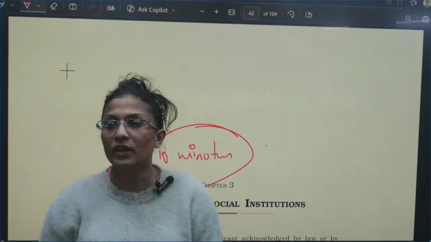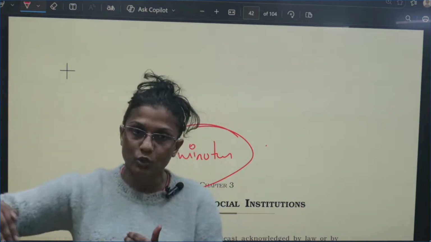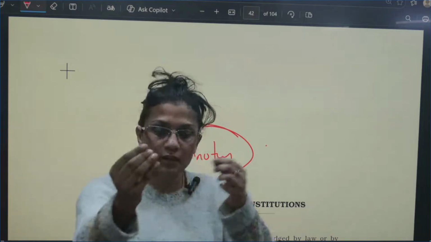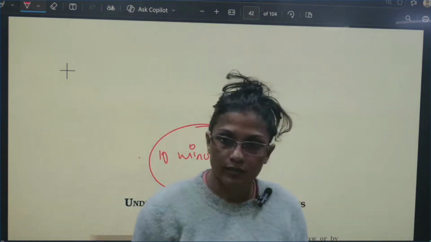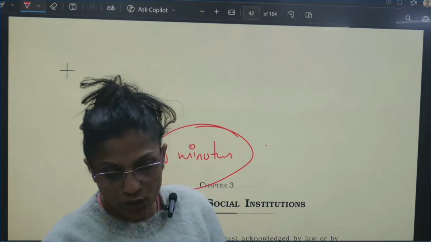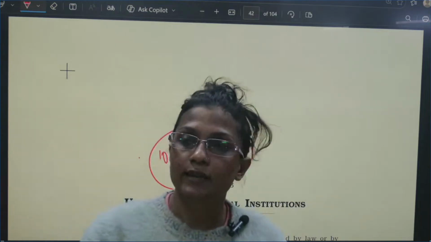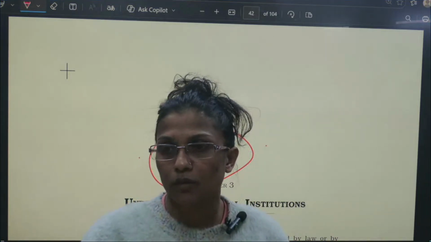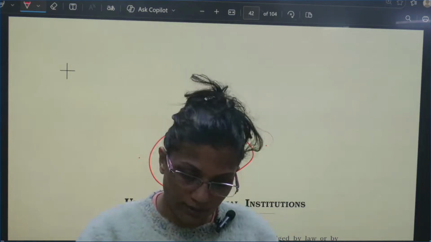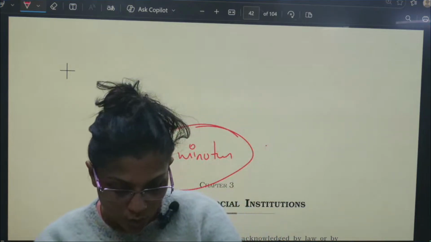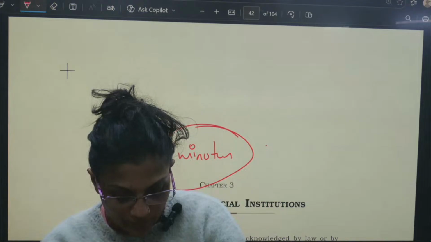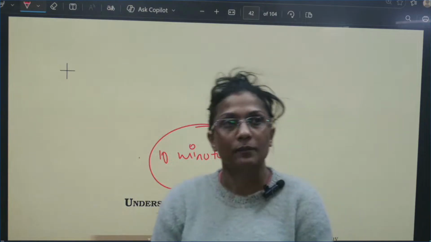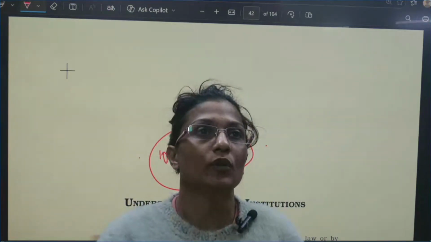So when we are born in a society, we are interacting through these social institutions. Family is a social institution. So in family there are components: mother, father, children, this and that. Okay? Then you are growing up, you become an adult, then you marry, then again marriage is a social institution. Education is a social institution. All these are social institutions. Okay? It's very important. Very important. Okay? Chaliye. If you people don't have doubts, fine.